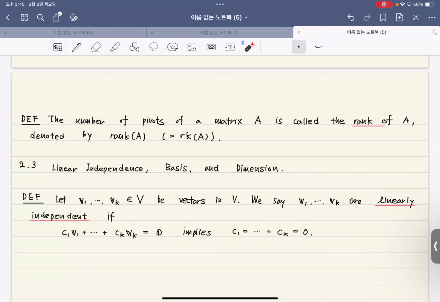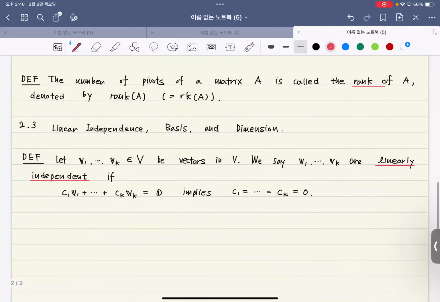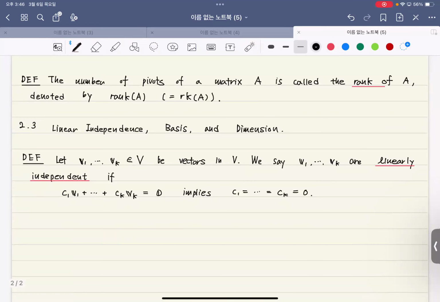In other words, if you can find a non-trivial solution, non-trivial coefficients such that everything equals 0, then they are not linearly independent.